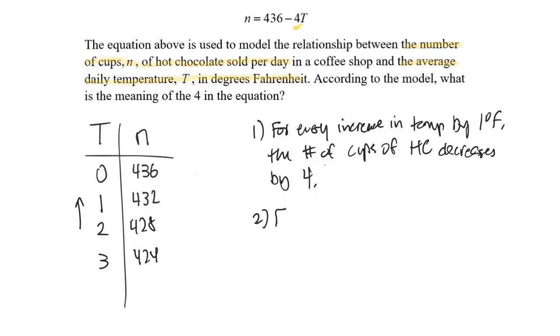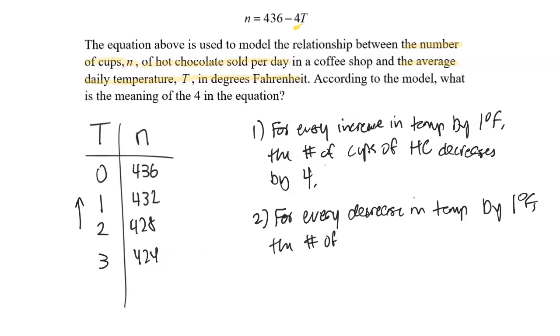And so I can also say that for every decrease in temperature by 1 degree Fahrenheit, the number of cups of hot chocolate sold increases by 4. And so that's the meaning of the 4 in that equation.